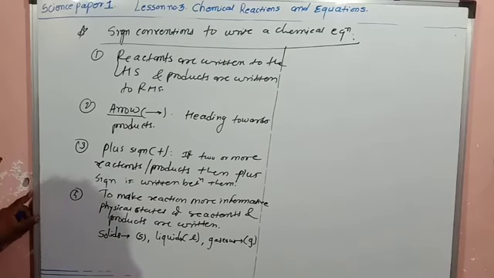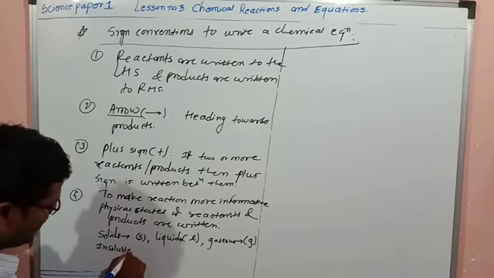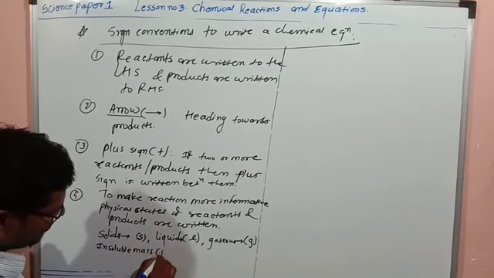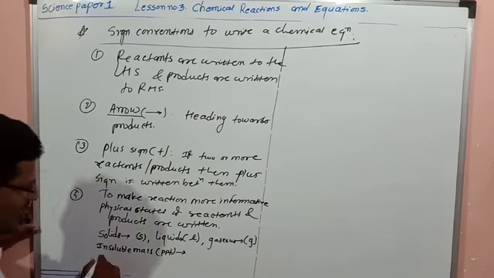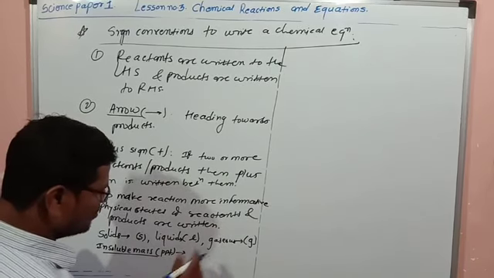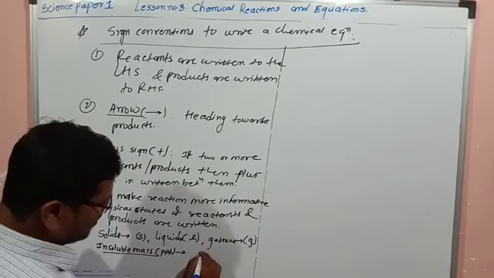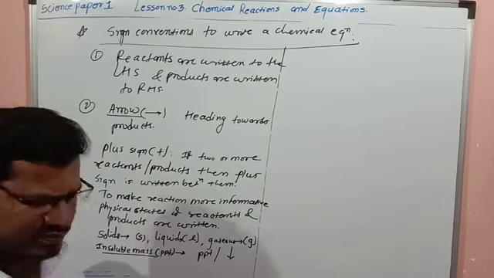Suppose it forms an insoluble mass, or you can also say a precipitate (PPT), then instead of solid you write PPT or a downward arrow.